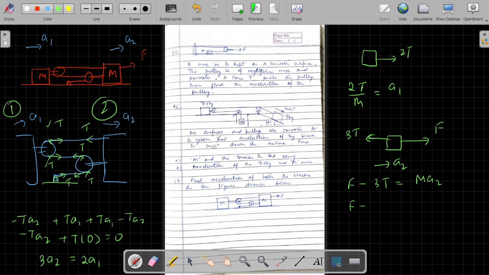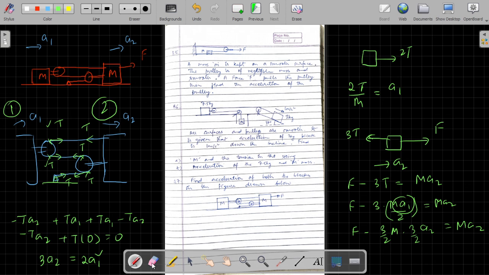So we can eliminate tension easily. Tension T is equal to MA1 divided by 2. So F minus 3T is equal to MA2, and let's say we replace the value of A1 with A2. So it's F minus 3 by 2 M, and the value of A1 we are replacing, A1 is equal to 3 by 2 A2, is equal to MA2.